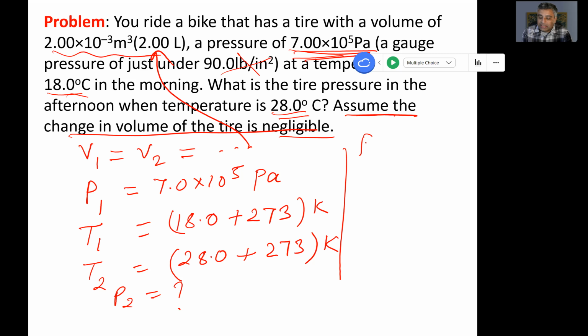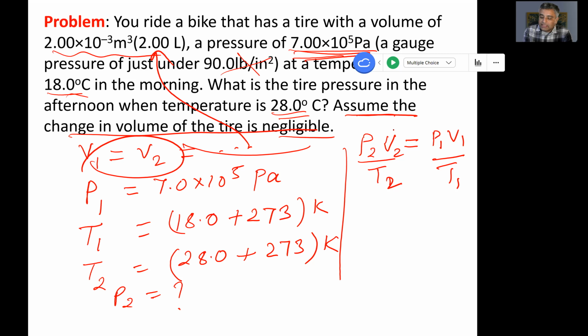So using that gas equation, P2 V2 over T2 equals P1 V1 over T1. Oops, that's supposed to be T2, T1, right? So in this equation, volume is constant. They are the same, so V cancels, right? And what are we looking for? P2. So bring this T2 to the other side, cross multiplication.